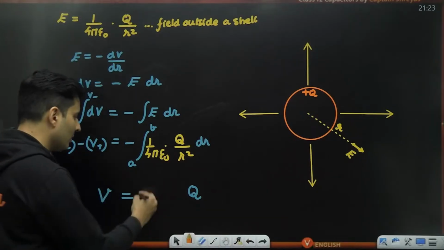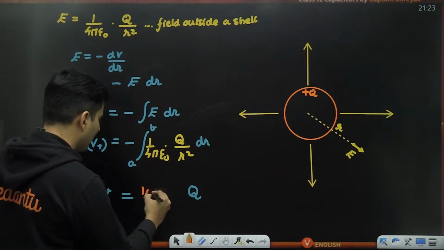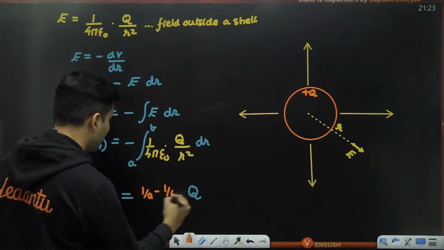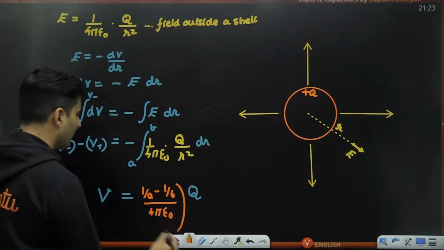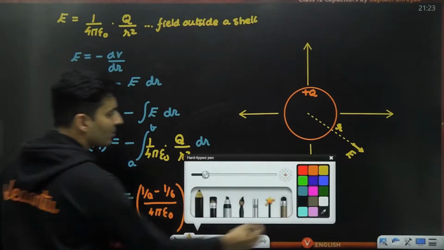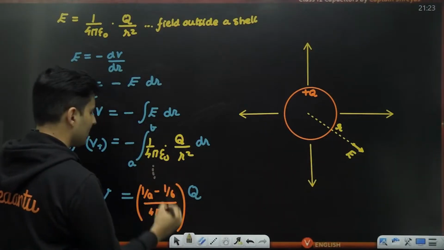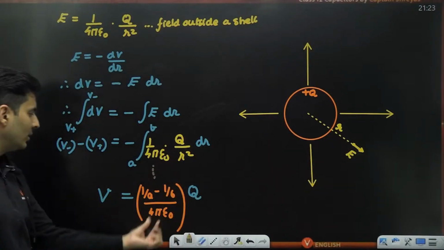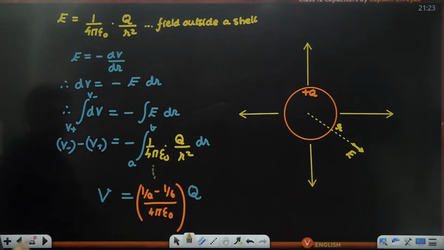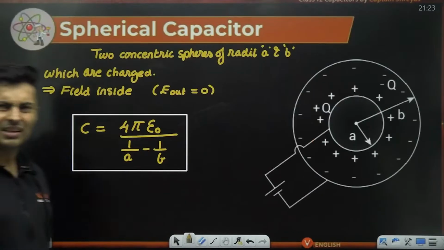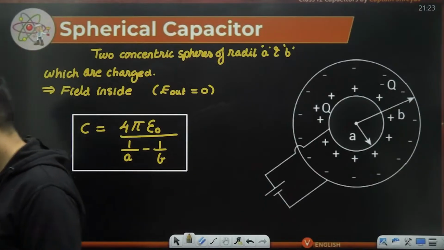Over here, you will most likely get 1 by A minus 1 by B divided by 4 pi epsilon naught. This is what you will get. So after solving this, Q is equal to C into B. So C is 4 pi epsilon naught 1 by A minus 1 by B after integration. Is this clear? That is how you get it.